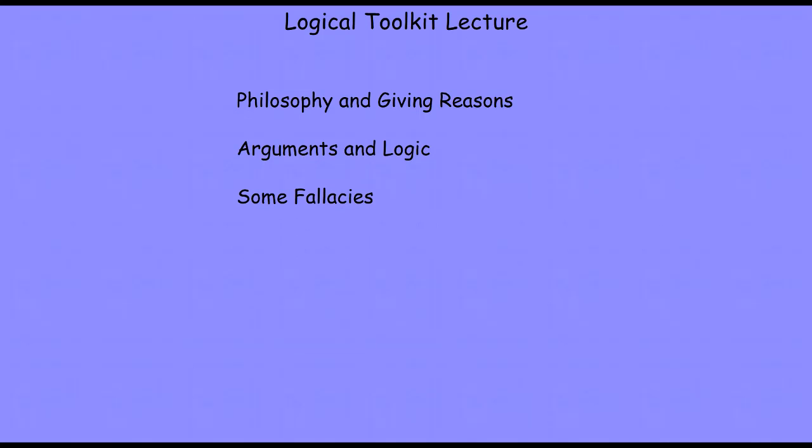Then we'll turn to specifically what are called fallacies or bad arguments, and I'll differentiate formal from informal fallacies and talk about the fallacies, both formal and informal, that the authors present for us.